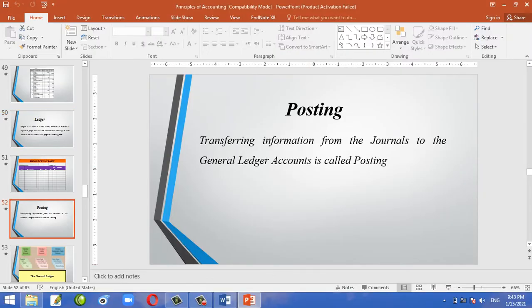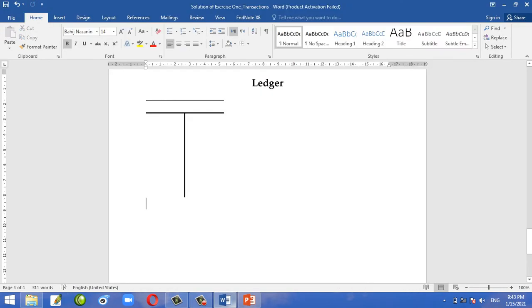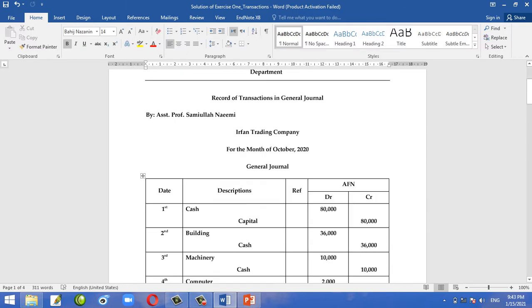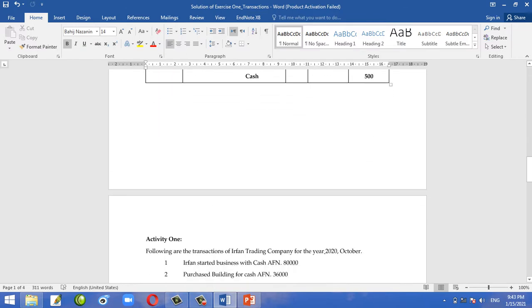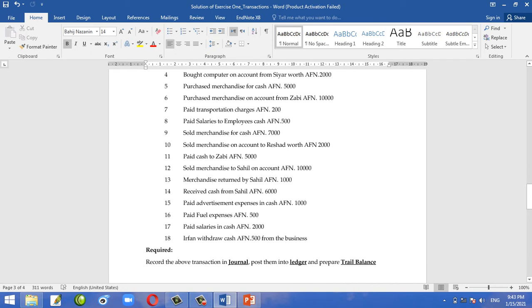Now come to the previous example. If you remember, in the previous lecture, we had an example of transactions that should be recorded in a journal.